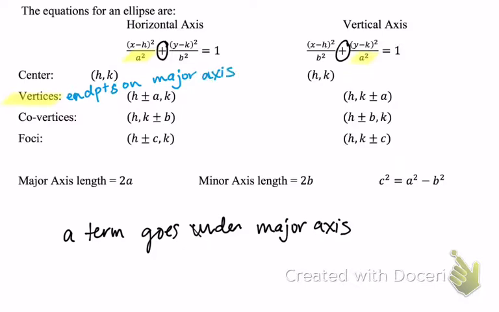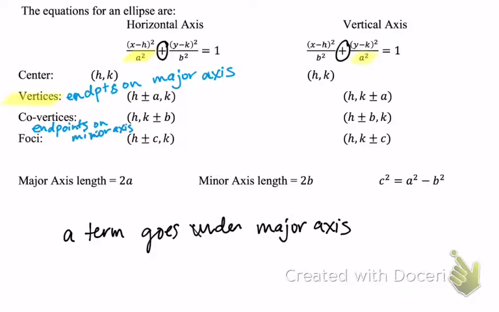And then my co-vertices are going to be the endpoints on the minor axis, which is the shorter length. And then the foci are going to be the 2 points that are in the middle.